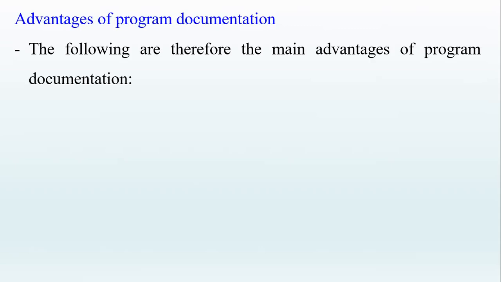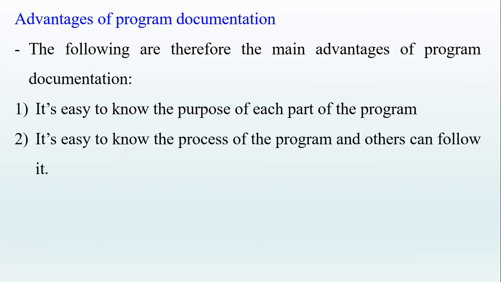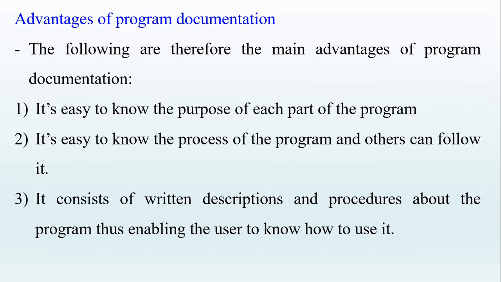So the advantages of program documentation are, number one, it's easy to know the purpose of each part of the program. Number two, it's easy to know the process of the program and others can follow the documentation or the program. Number three, it consists of written descriptions and procedures about the program, therefore enabling the user to know how to use it.